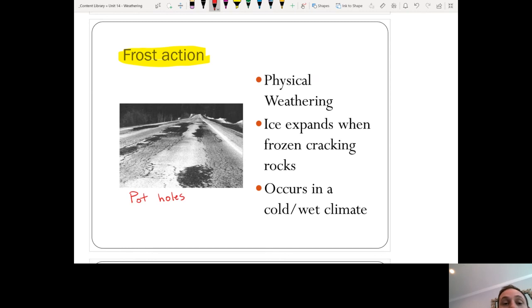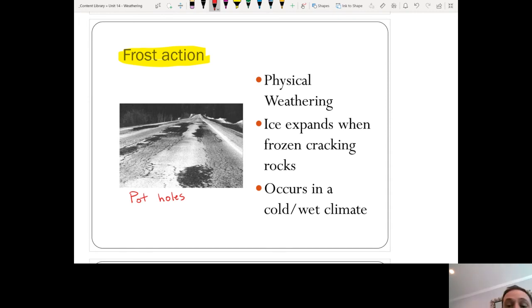Potholes are an example of frost action, and here in New York, it's a major issue where we spend millions of dollars fixing them up in the springtime, and you can see crews out there putting new asphalt down, trying to cover the potholes. But it's basically because water expands when it's frozen.